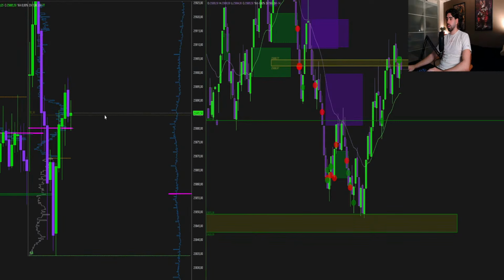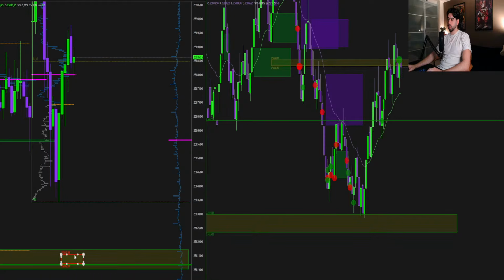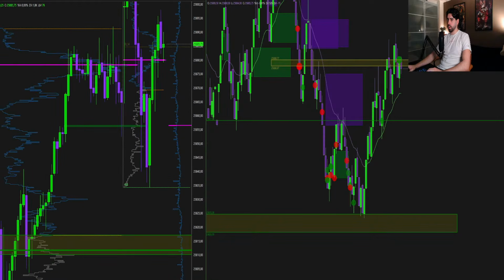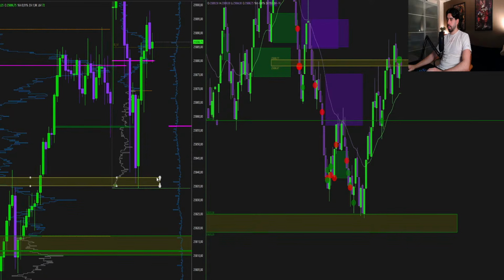Stop loss below, aim higher. We didn't reach it today because we most likely reacted from this low volume node. That's my setup right now.